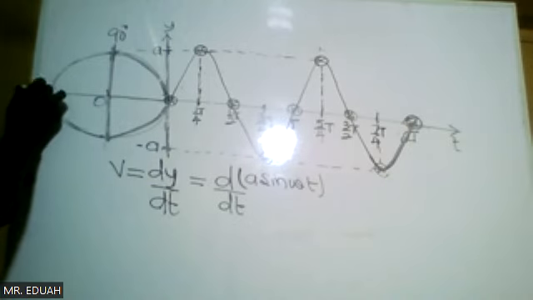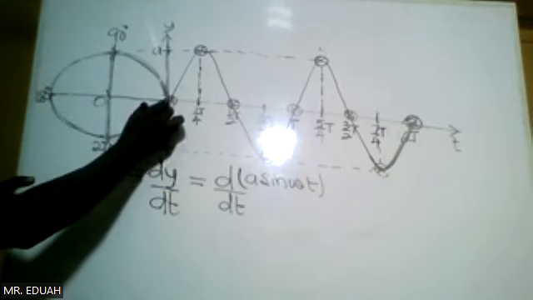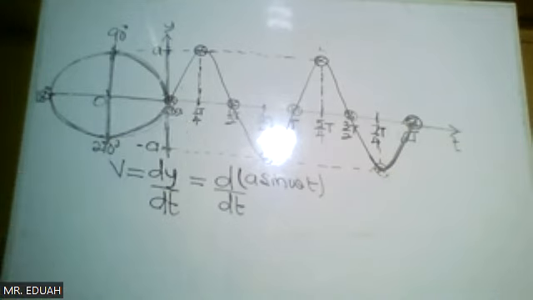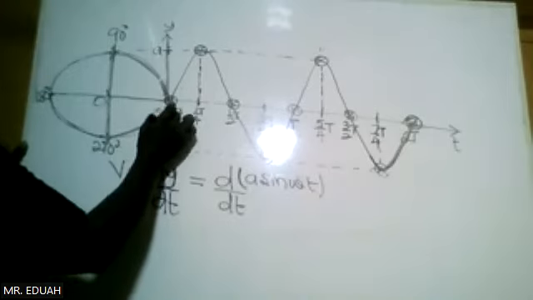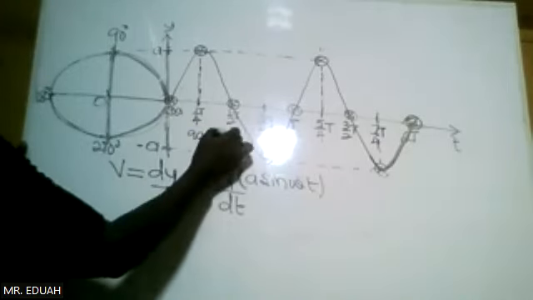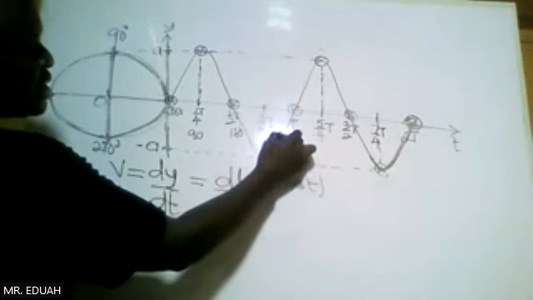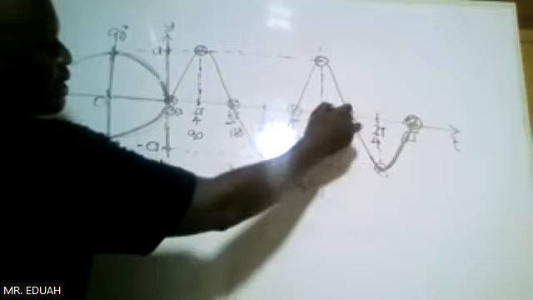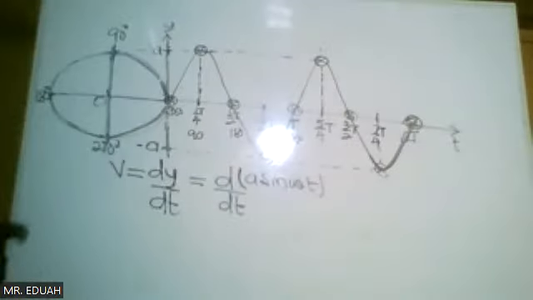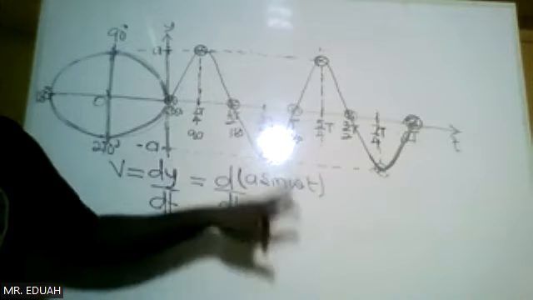The angle over here is 180, over here 270, over here 360, and then starting from 0 again. So when t is 0, this is 90, 180, 270, 360, then plus 90, and on and on. Note that this same function can be drawn in terms of angles.